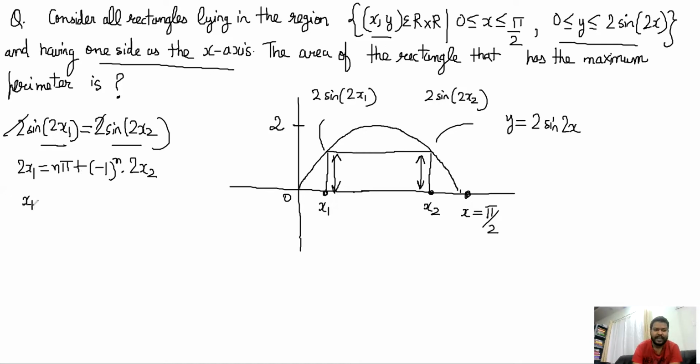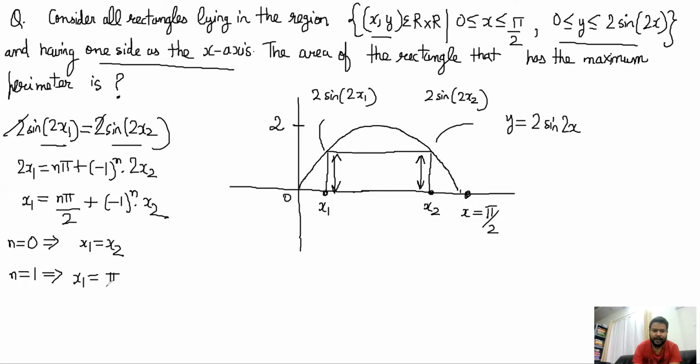So here we get x1 is equal to n pi by 2 plus minus 1 to the power n x2, right? Now, for n is equal to 0, this implies x1 is equal to x2. And for n is equal to 1, it implies x1 is equal to pi by 2 minus x2.